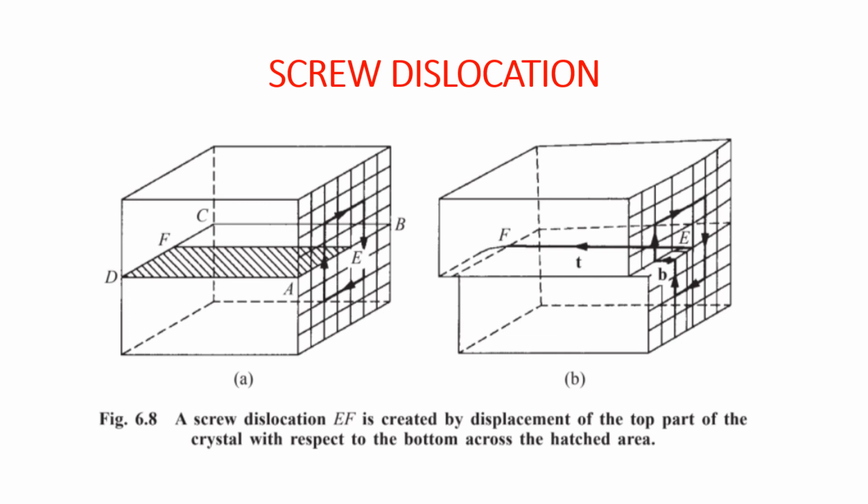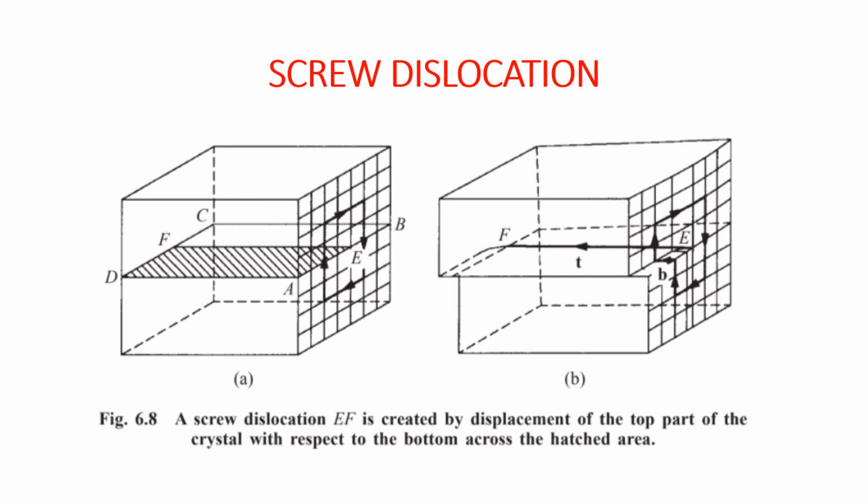I hope you remember in the previous case of edge dislocation, that shaded region is slipped towards the unslipped plane. Here A, E, F, D and E, F, C, B. There are two. We divide the full slip plane into slipped and unslipped parts.